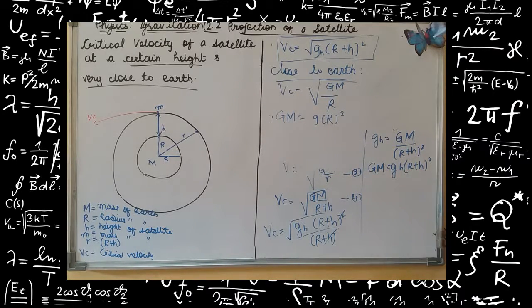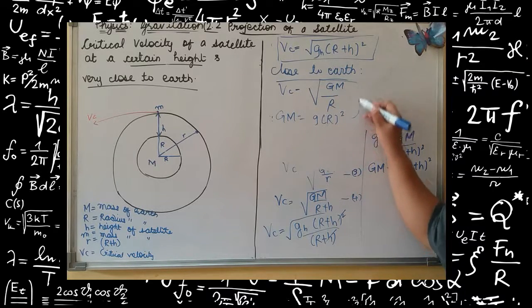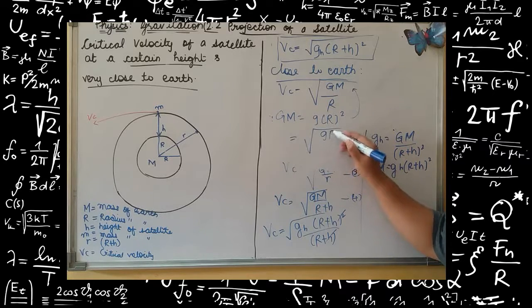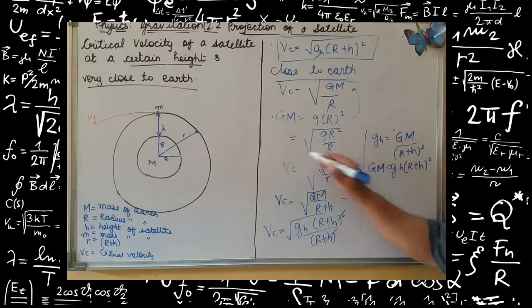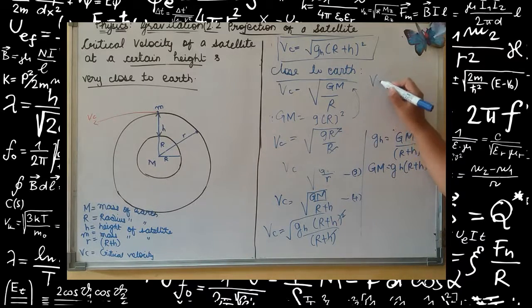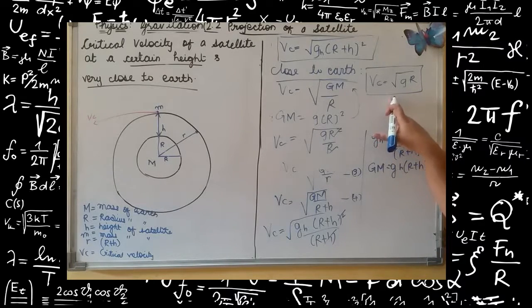No need of writing h here. We will substitute it here. We will get under root of gR square upon R. R and R get cancelled. We know that Vc is equal to under root of gR, which is nothing but the critical velocity of a satellite orbiting very close to Earth.